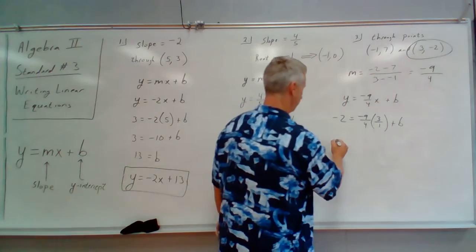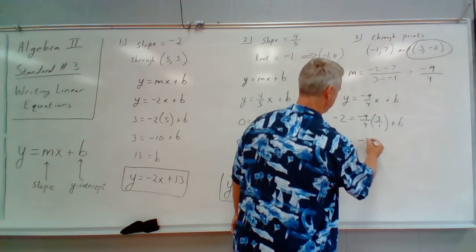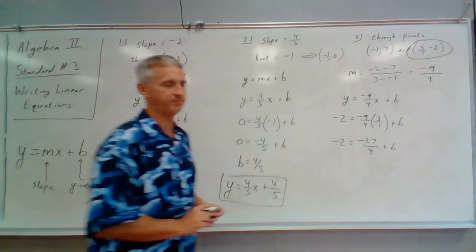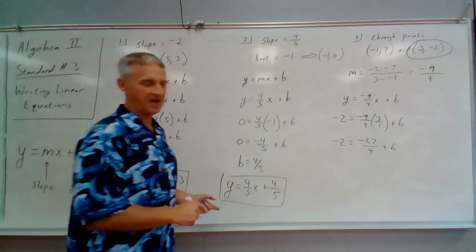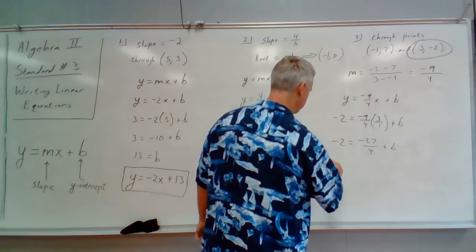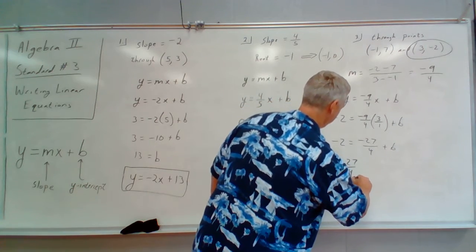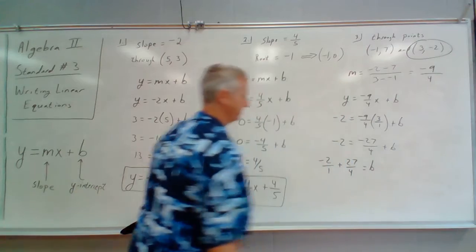Simplify that. I have -2 is equal to -27/4 plus b. I'm going to add 27/4 to both sides. -2/1 plus 27/4 equals b.